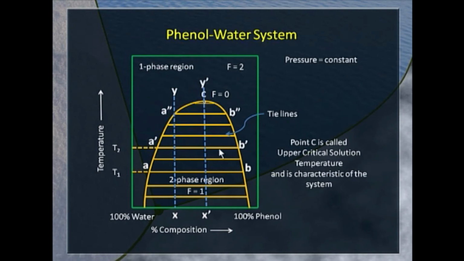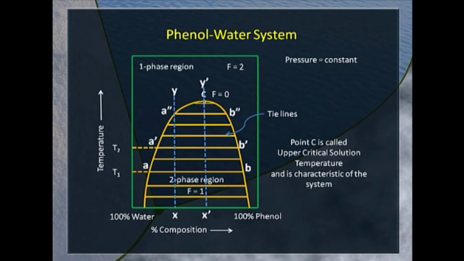You can see one of the arms start decreasing in length, and as you increase the temperature, ultimately we reach the point A double prime here, and you can see that the amount of one of the phases, in this particular case B double prime, decreases almost to 0, and further increase in temperature makes the two liquids completely miscible. So, we attain miscibility from a two phase system by heating, and the miscibility is attained by the disappearance of one of the phases.